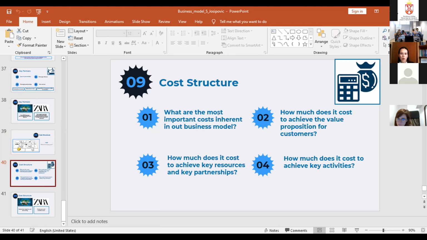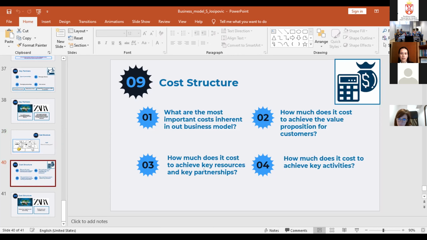What are the most important costs inherent in our business model? How much does it cost to achieve the value proposition for customers? How much does it cost to achieve key resources and key partnerships?